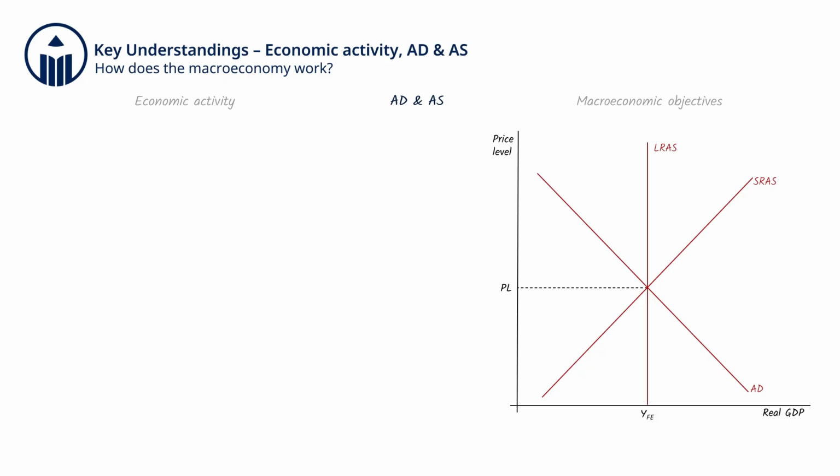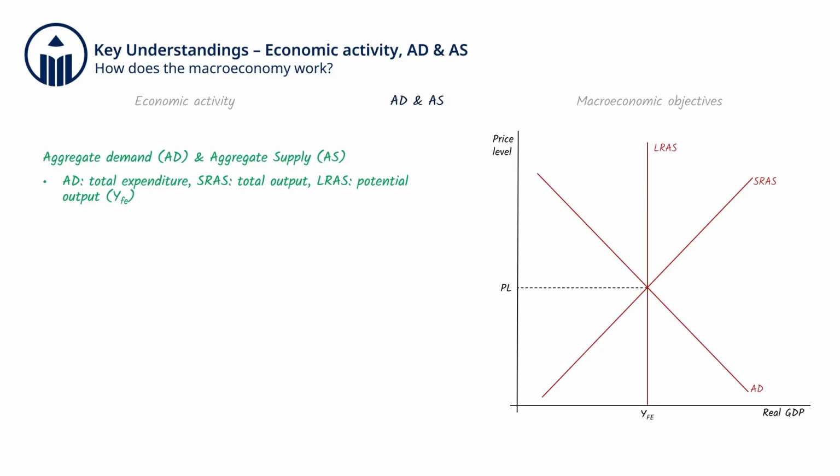Economists use the aggregate demand and aggregate supply, AD/AS, model to show these short-term variations in economic activity. To simplify, AD is the total expenditure in the economy, SRAS is the total output produced by the economy, and LRAS represents the economy's potential output, or full employment level of output, YFE. Any changes in AD, SRAS, or LRAS represent changes in economic activity and will have consequences for the various economic agents.